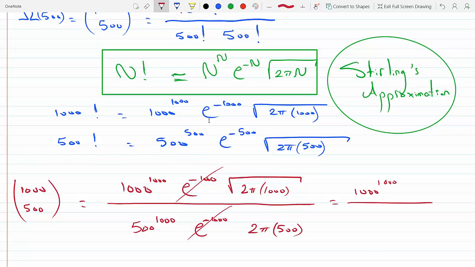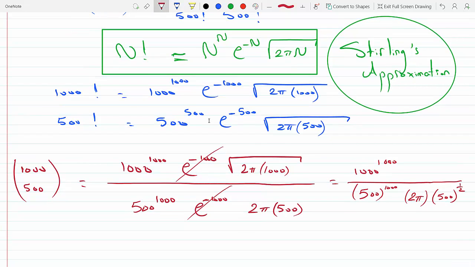Over 500 to the 1000, and then here we have square root of this left, so this is 2 pi times 500 to the half. Okay.